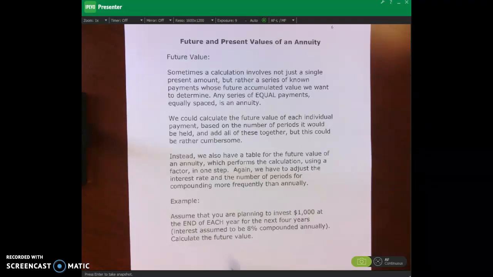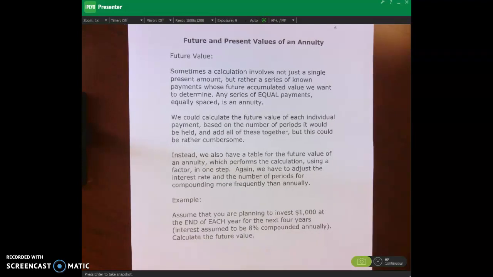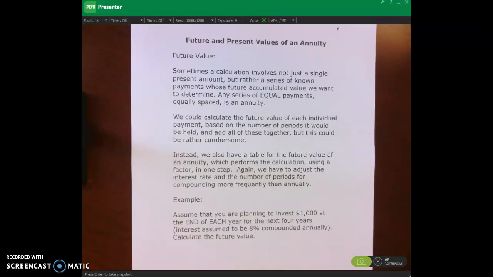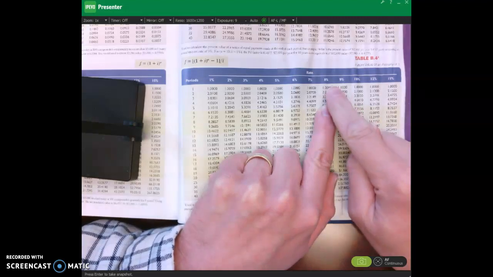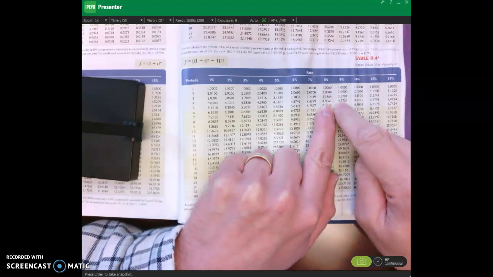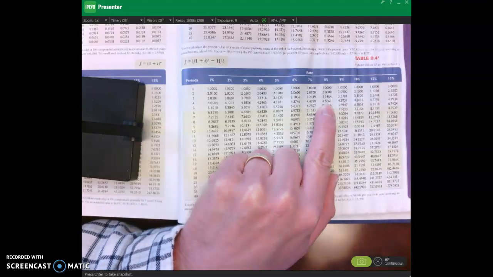Okay? Our interest rate is assumed to be 8% per year. To solve this problem, we look at the future value, because I'm asking you to calculate the future value of an annuity table, 8%, 4 periods. We find the factor, and then we multiply the factor times the annuity amount. So you can see the future value of an annuity is table B.4, and what we do is we look at 8%, 4 periods, we get the factor, 4.5061.